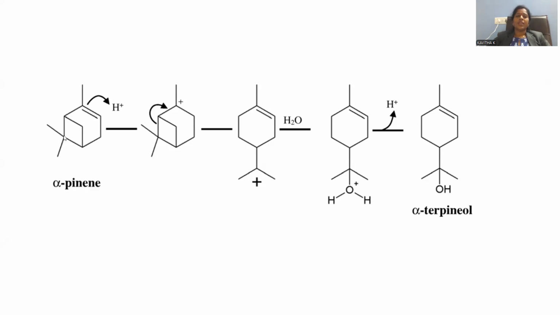6-membered ring system. So this is alpha pinene, and it extracts the proton from trifluoroacetic acid. Trifluoroacetic acid is giving H+, so these pi bonded electrons are attracting this H+, giving rise to our intermediate. This is the key step: a carbocation intermediate will be generated.